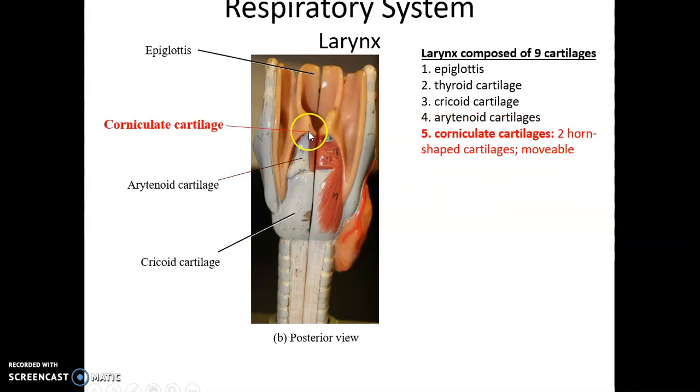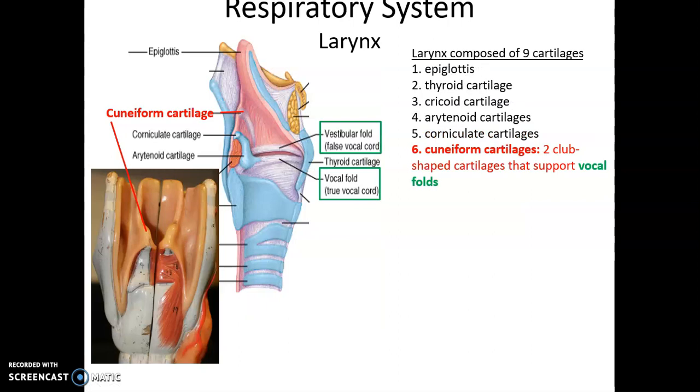Superior to the arytenoid cartilages are the 2 small corniculate cartilages, two small horn-shaped cartilages, and they are also movable and important for speech. And then the last two cartilages are the cuneiform cartilages.